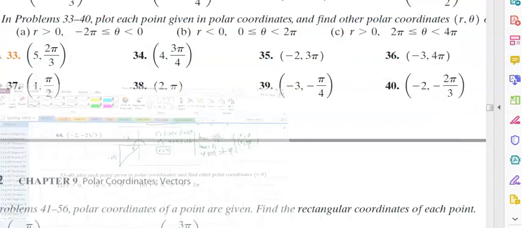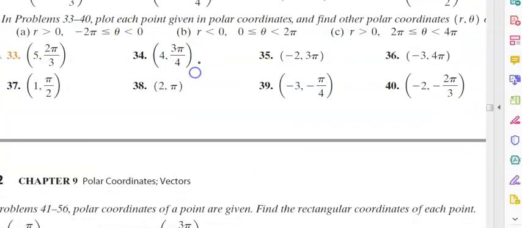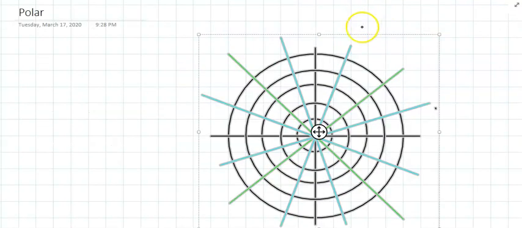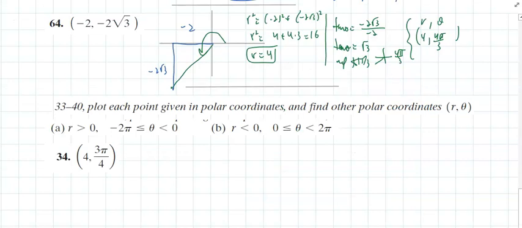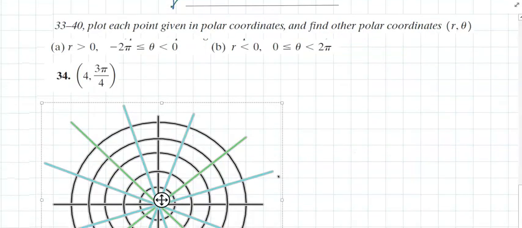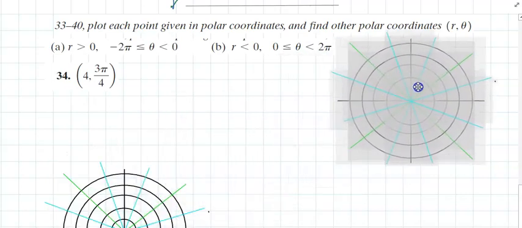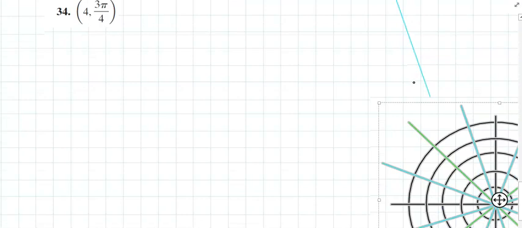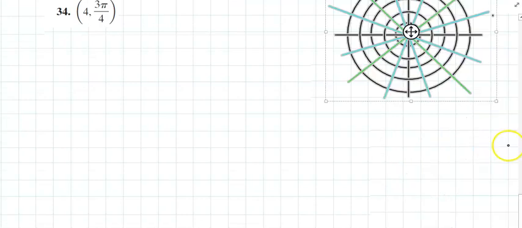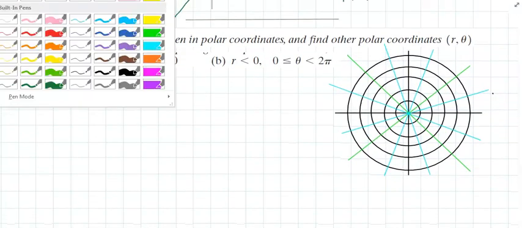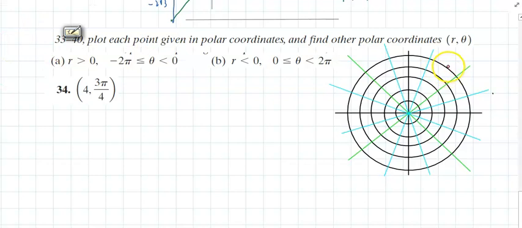So if I take problem number 34, for example, a couple of problems just to see this. In this case, if I take that point, I'm going to rotate 3 pi over 4.